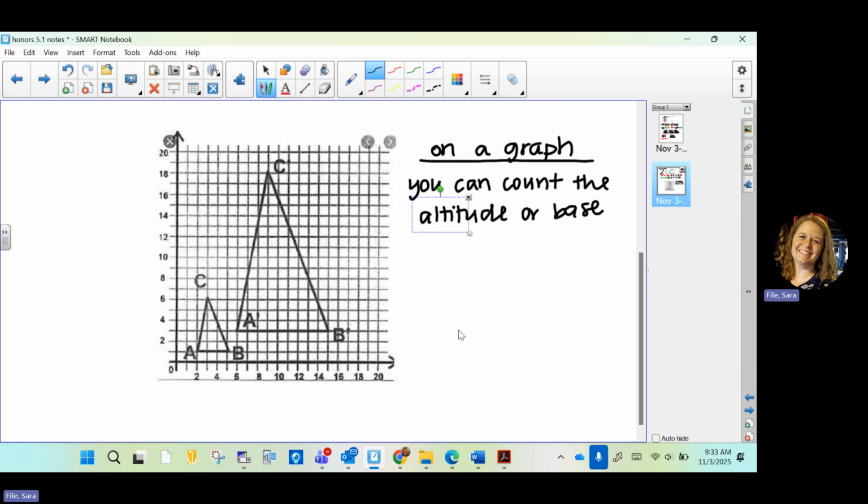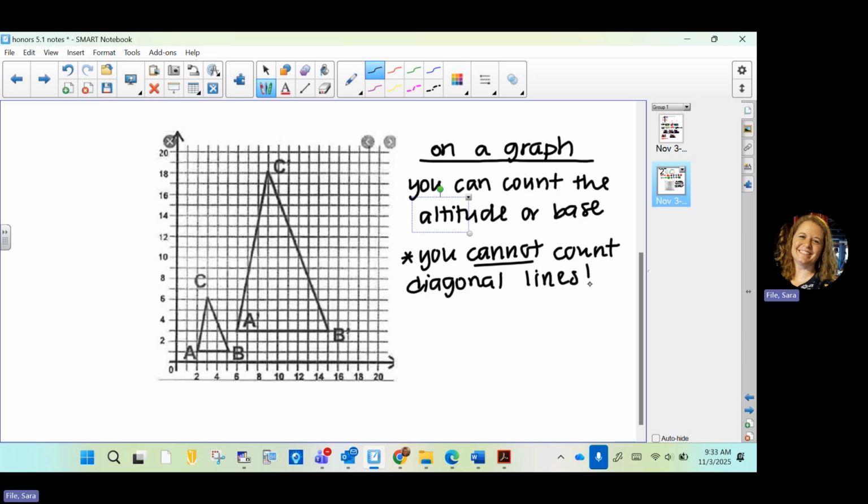There's no vertical. So I could count the lengths of A to B and do it that way, but you cannot count diagonal lines. Okay.